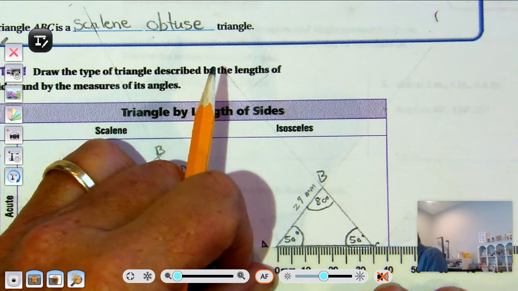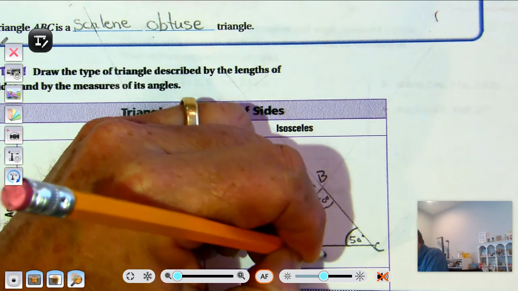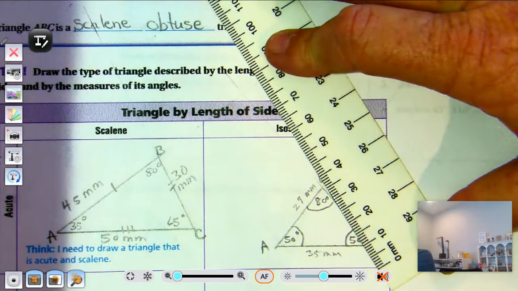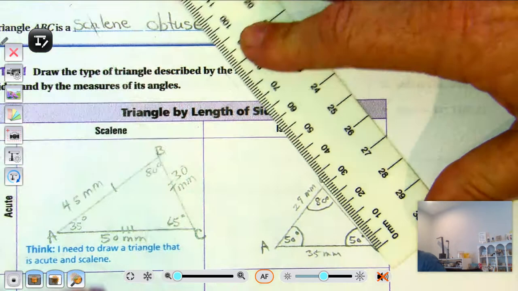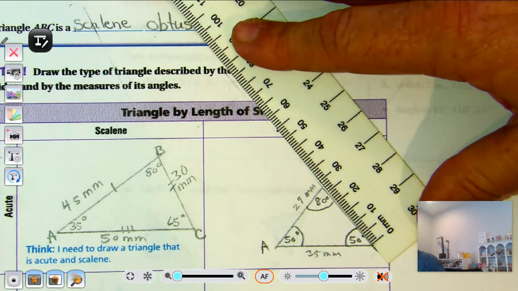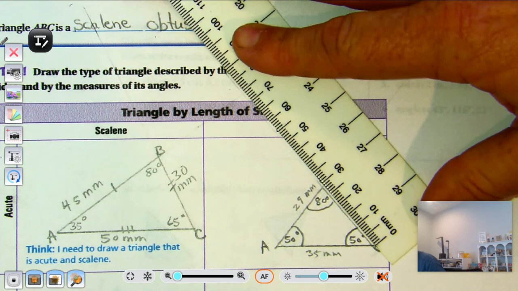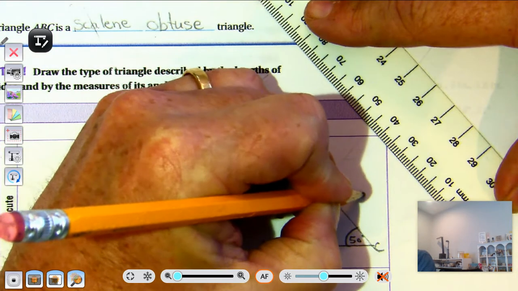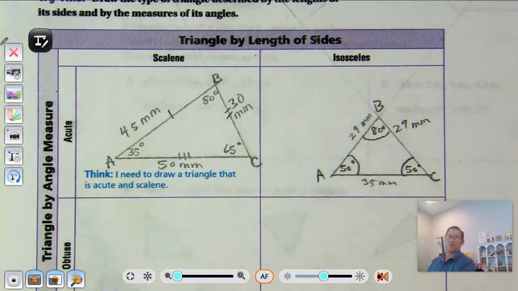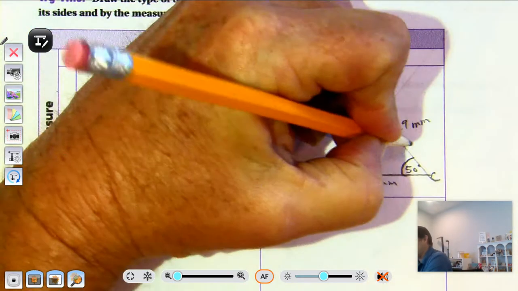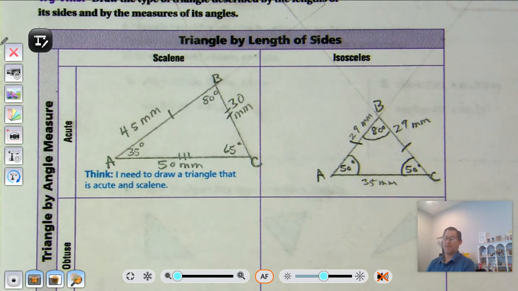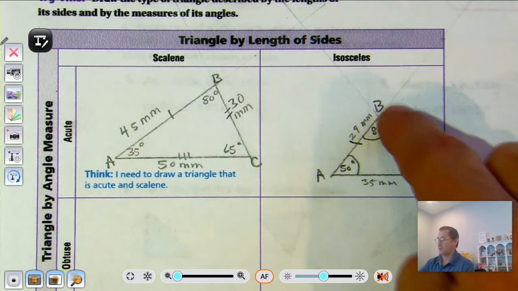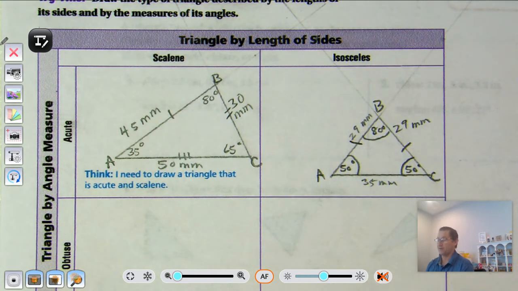AC is 35 millimeters. And line BC is 29 millimeters. So these two sides are congruent. The third side is not. So isosceles and acute because all three angles are less than 90 degrees.